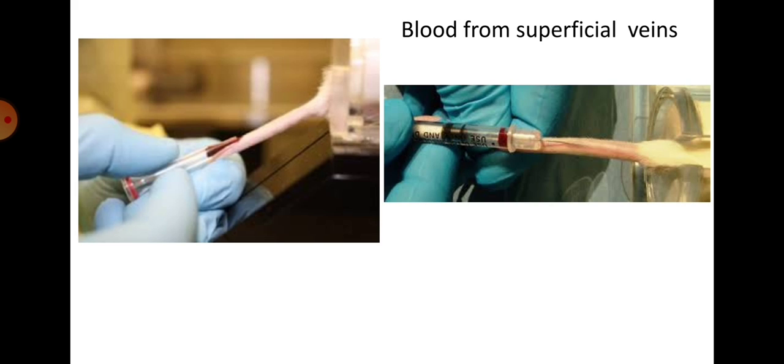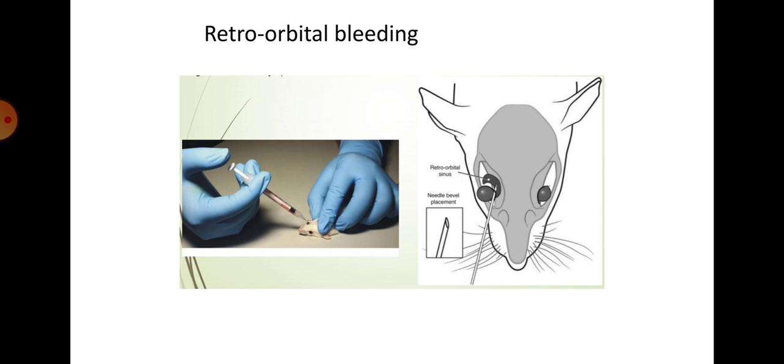So as you can see here, collecting blood from the tail vein by inserting syringe and needle. Third one is retroorbital bleeding.